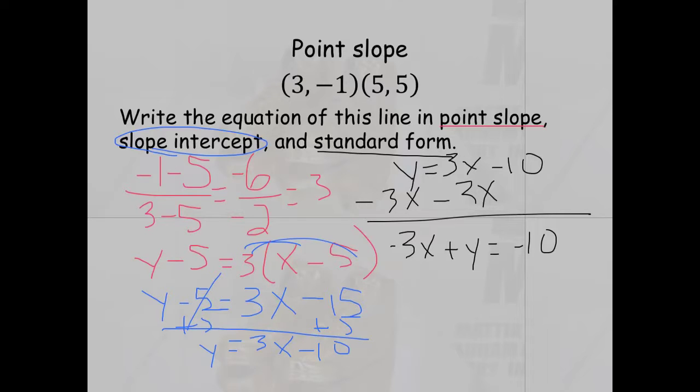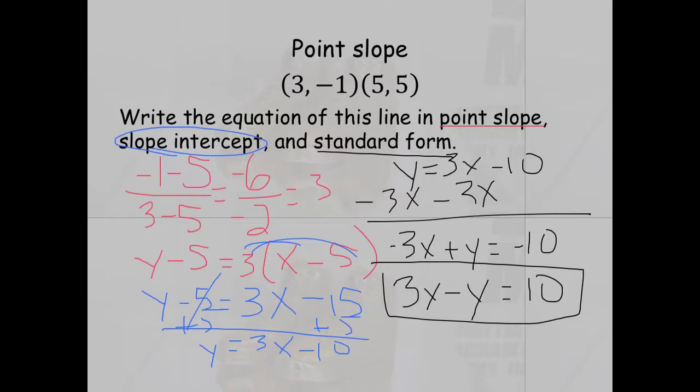Now with standard form we also can't have the a value, the number in front of the x, be negative, so we either multiply everything by negative 1 or just find the opposite of everything. And the opposite of negative 3x is 3x, the opposite of adding y is subtracting y, the opposite of negative 10 is positive 10. So here we have it in standard form.